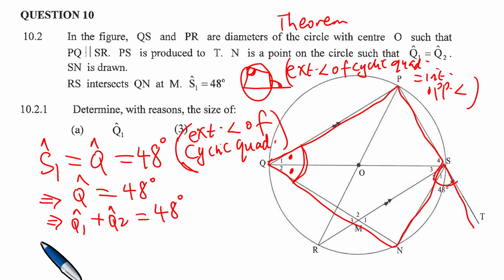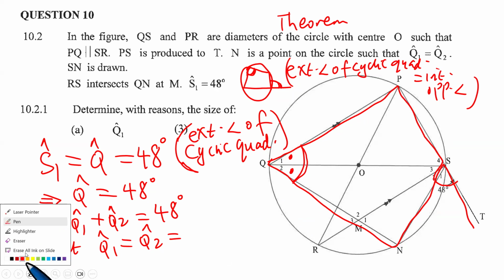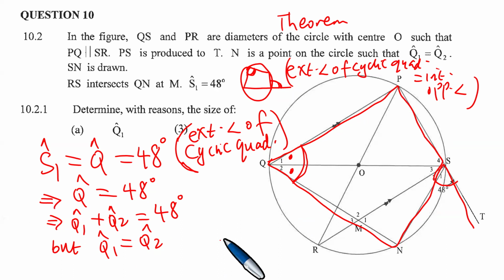But angle Q1 is equal to angle Q2. Why is angle Q1 equals angle Q2? Because it was given.